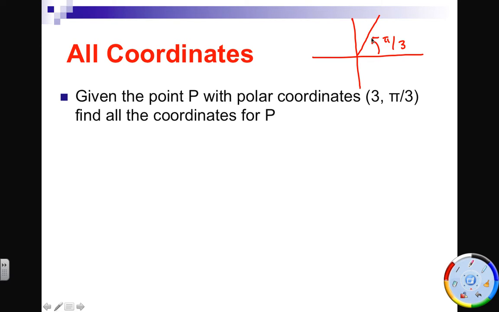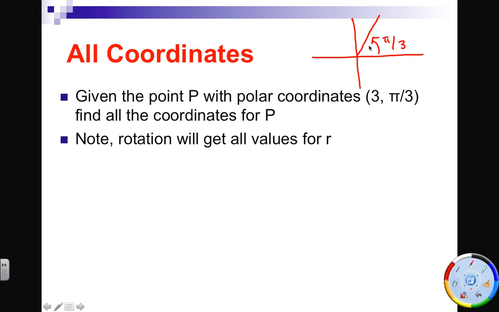A coterminal angle is just adding 2π a whole bunch of times. So we just keep rotating, and this would get me all of the same value. So 3 units out and π/3 comma 2nπ, or π/3 plus 2nπ.